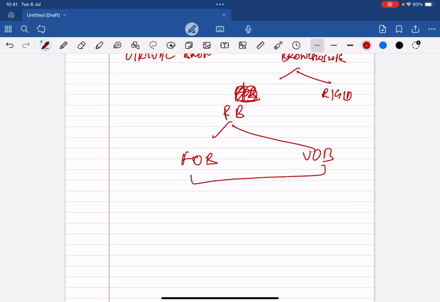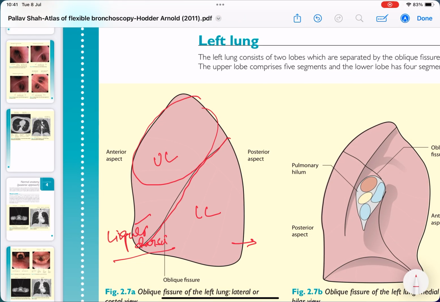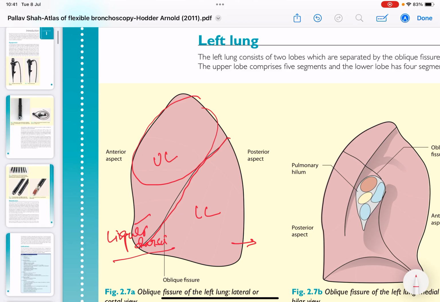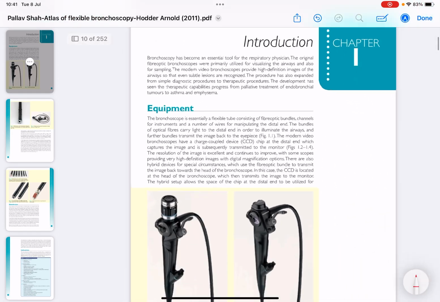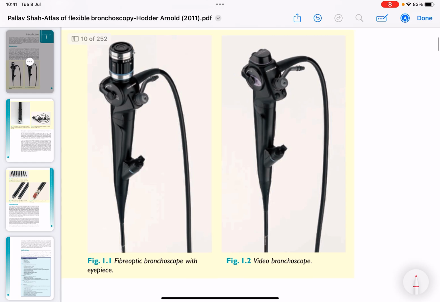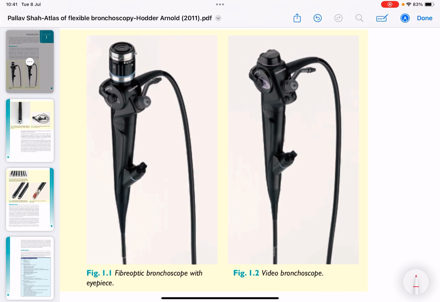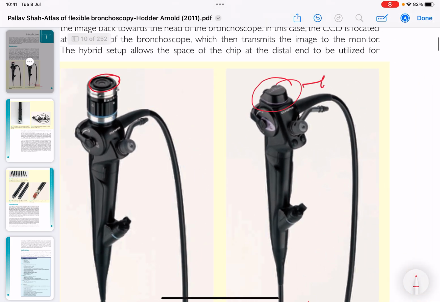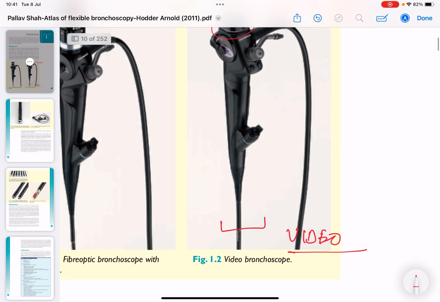There are two types, and you can see in the photos how they look different. One is a fiber optic bronchoscope, this one, and this is the video bronchoscope. For the difference, the fiber optic bronchoscope has an eyepiece over the head, and in this one there is no eyepiece, so it is directly connected to the video, which is attached to this wire.